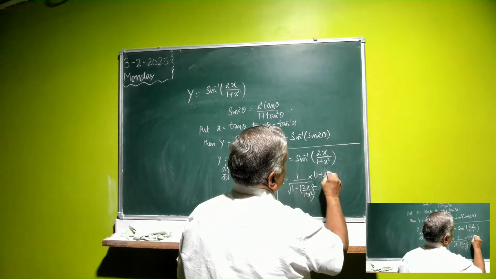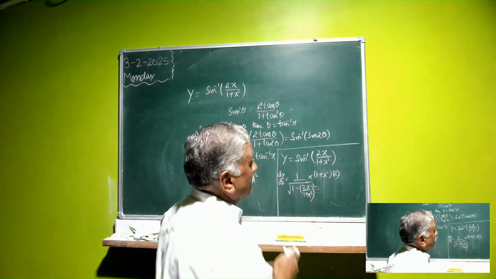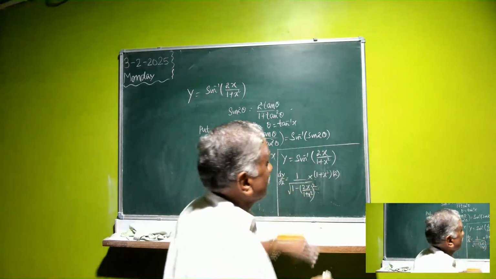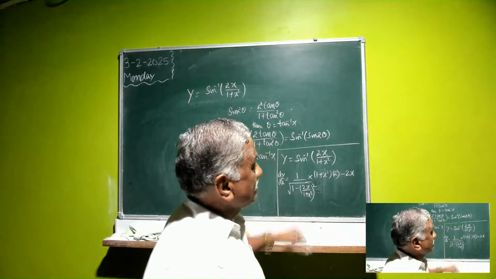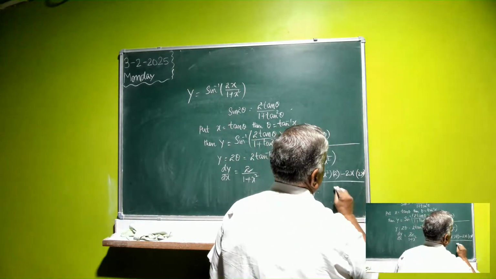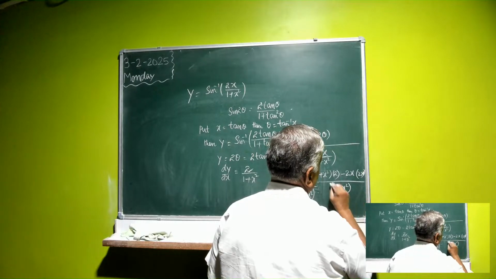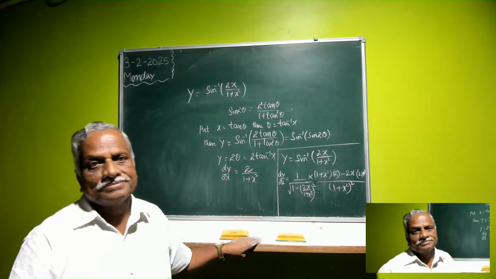Keep the denominator as it is, differentiate the numerator, minus, keep the numerator as it is, differentiate the denominator. Differentiating 1 gives 0, and x square gives 2x, over 1 plus x square whole square. You need not simplify. Just leave it here.